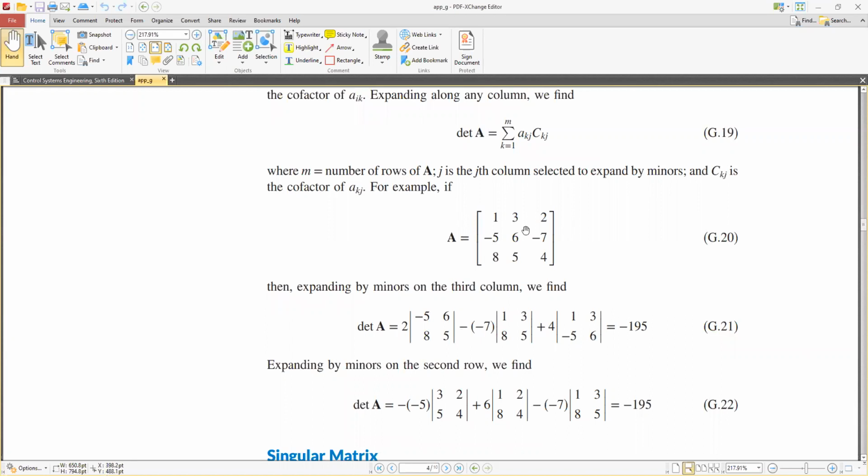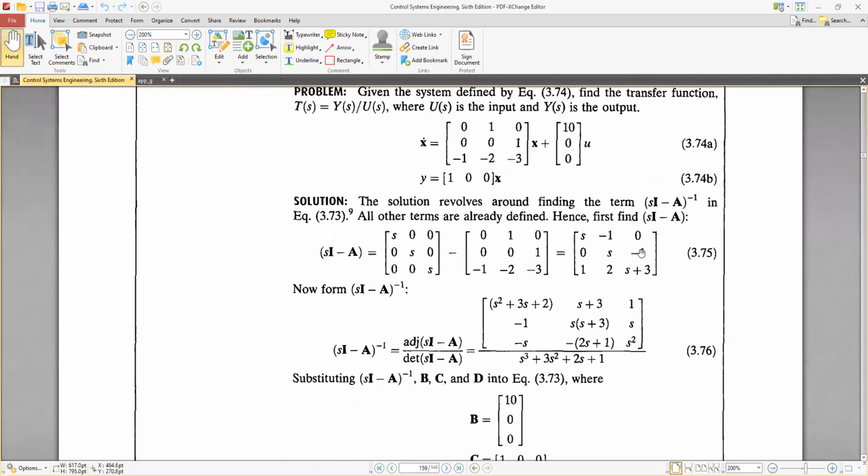So you can apply this one, just take this one into consideration and make the determinant. Then you will find this one, and also the adjoint matrix.